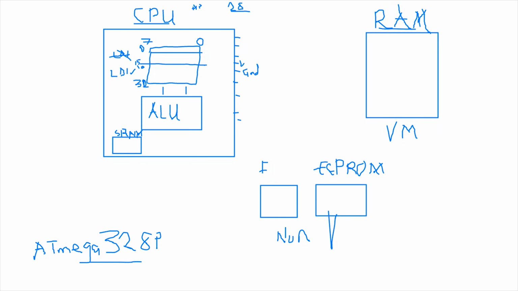But you will have some pins or groups of pins that give you access to the input and output registers. So I/O registers: groups of pins giving you access to the input and output of registers.